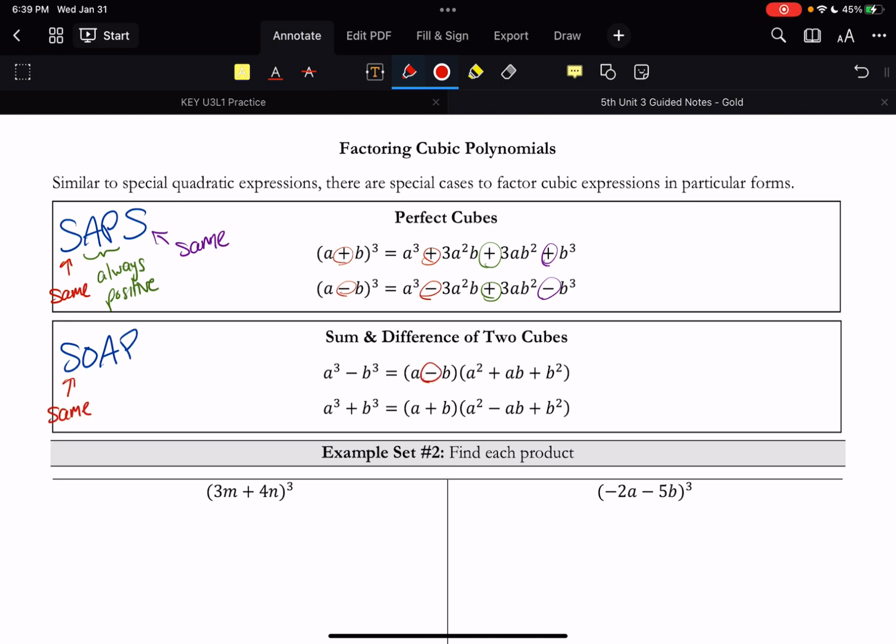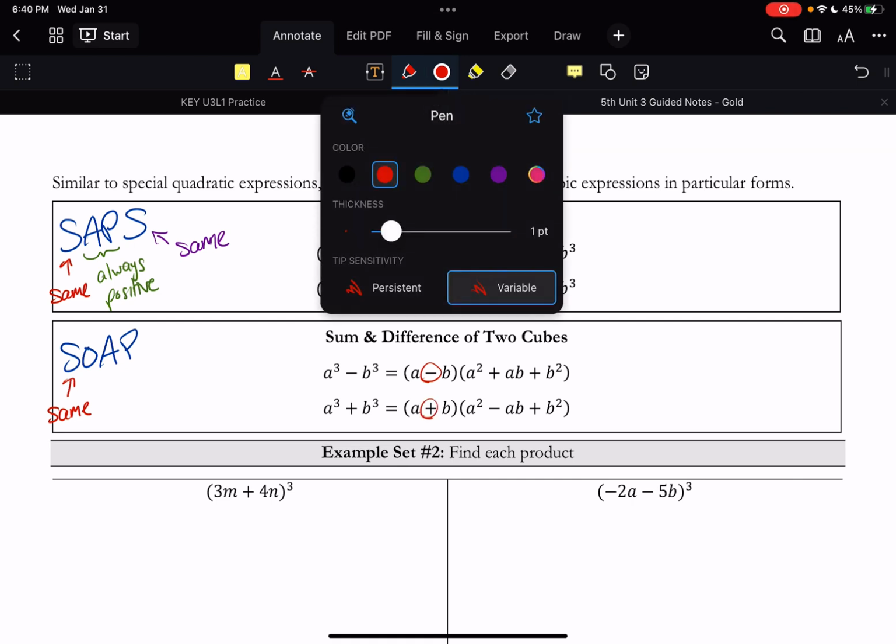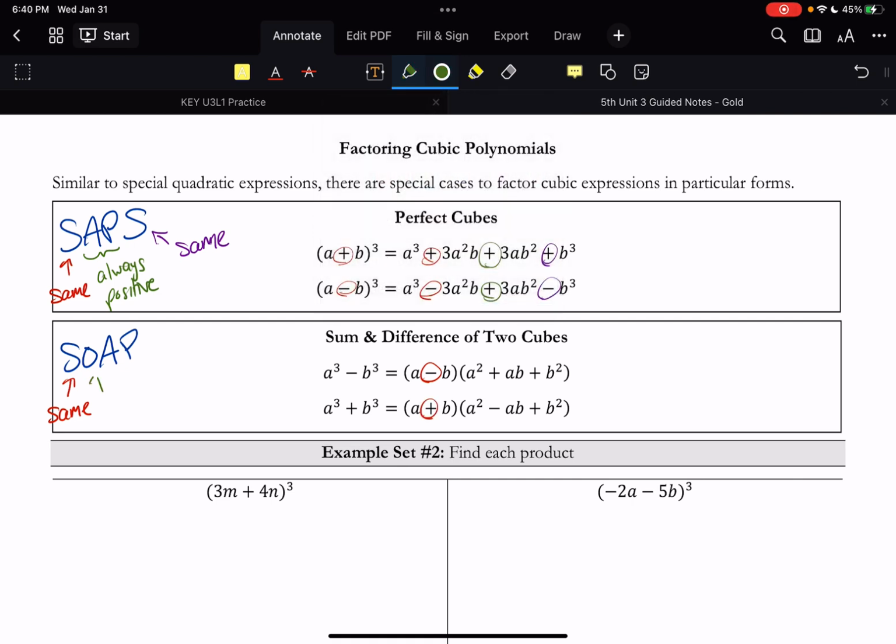Again, that's matching. The second sign is going to be opposite. So if it's a cubed minus b cubed, the second sign is plus. If it's minus, then it's plus. Minus is minus. And then the last term, AP, is always positive.